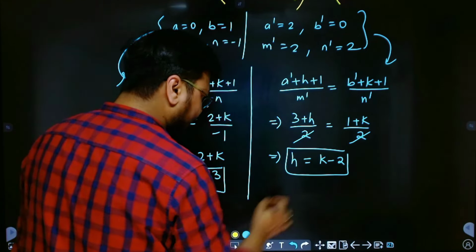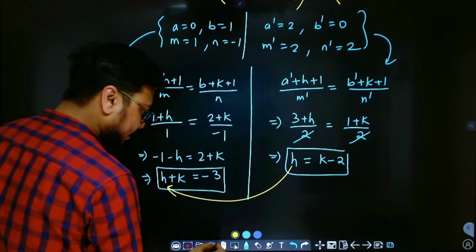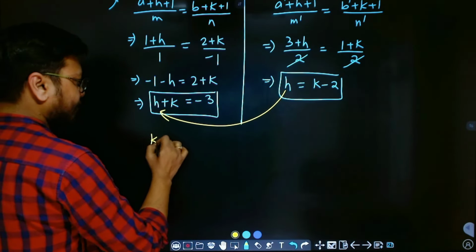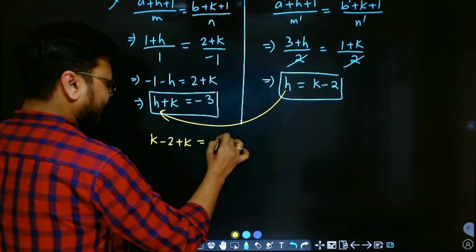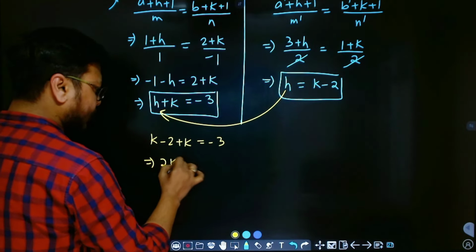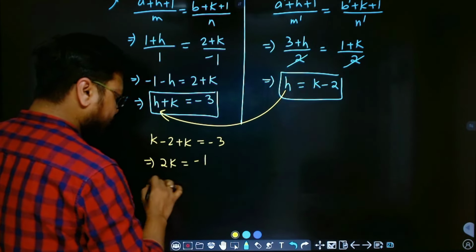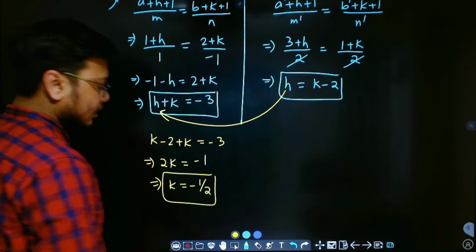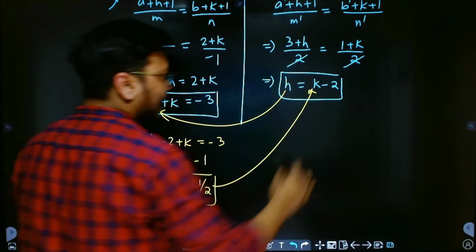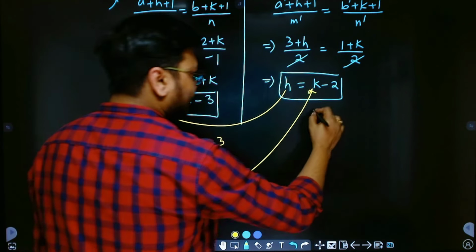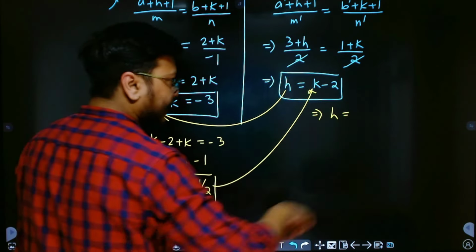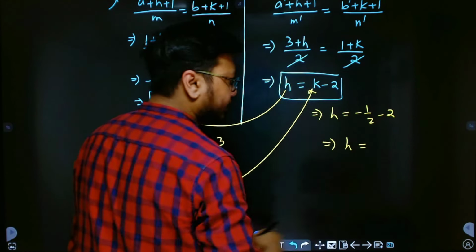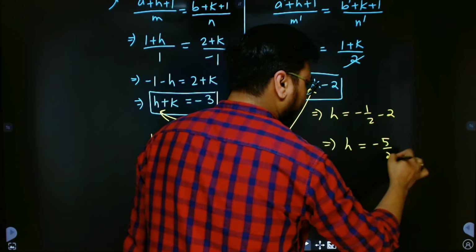So if I plug in this value right over here, I'm going to get k minus 2 plus k equals minus 3, so that's 2k equals minus 1, so k equals minus half. Right, so if I plug in this value again back over here, I will be getting h equals k minus 2, that is minus half minus 2, so your h would be minus 5 upon 2.